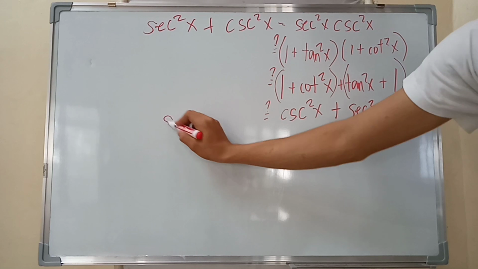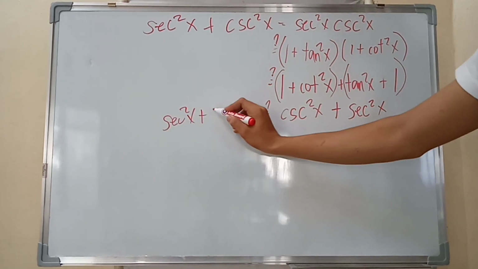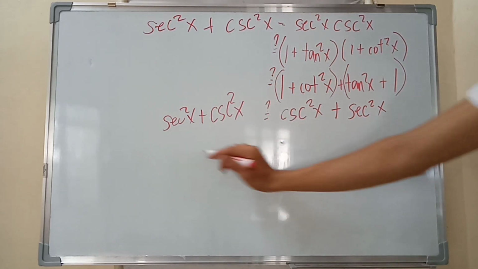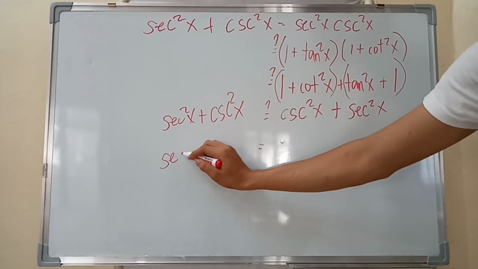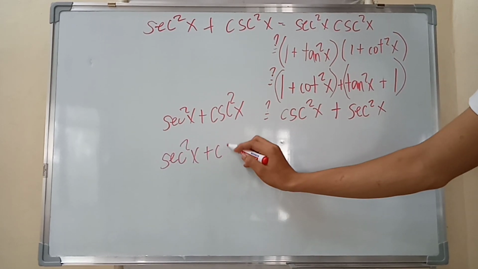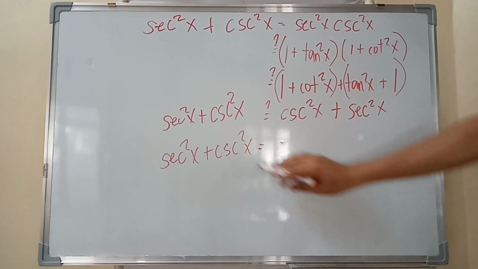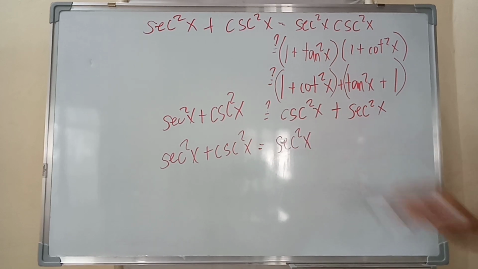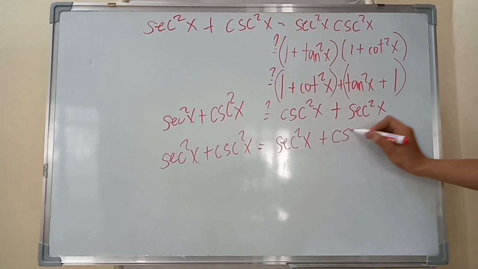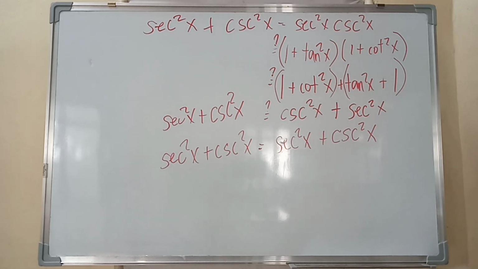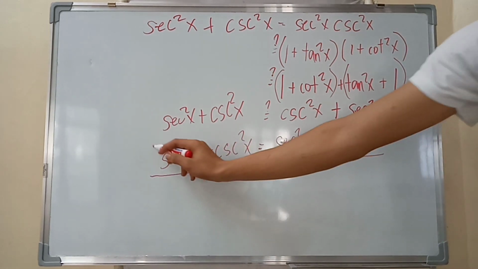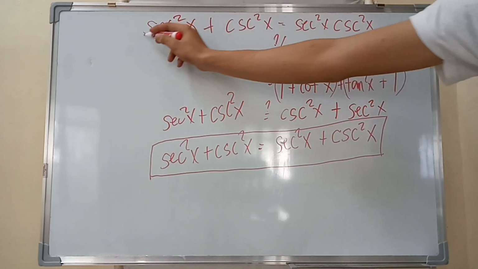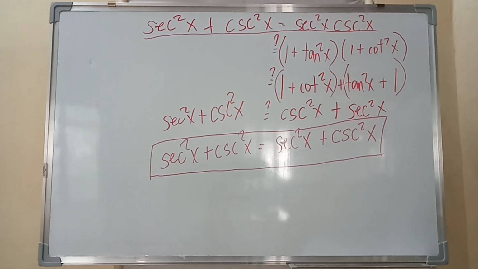So, ano ito? Secant squared x plus cosecant squared x. So, ayusin natin. So, na-prove natin na equal sila.